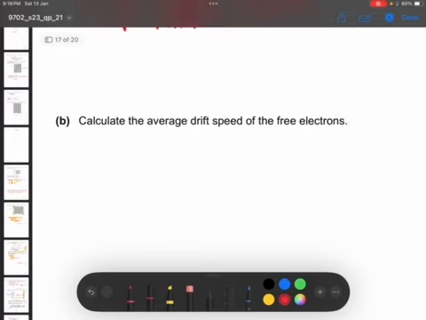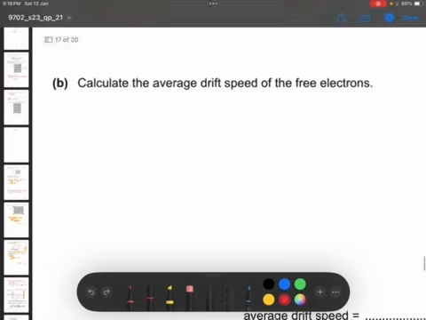The next part of the question says calculate the average drift speed of free electrons. To do this, we must know the general equation which has the drift speed.